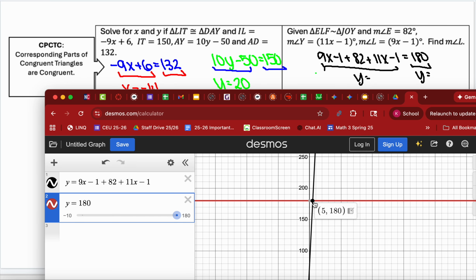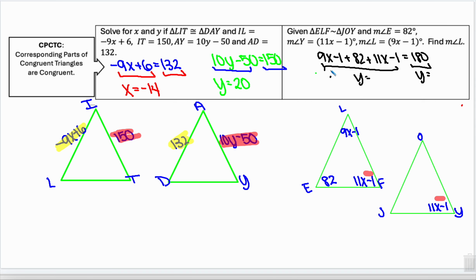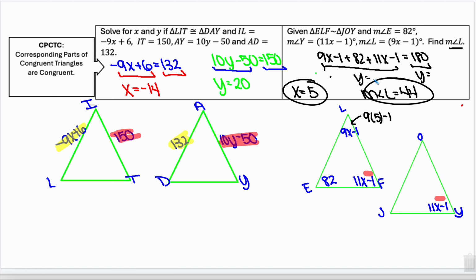X is going to equal 5. But my caution to you is that is not what the question asked you to find. It asked you to find the measure of angle L. So I need to plug that 5 back in. 9 times 5 is 45, and 45 minus 1 is 44. Technically, that's degrees.